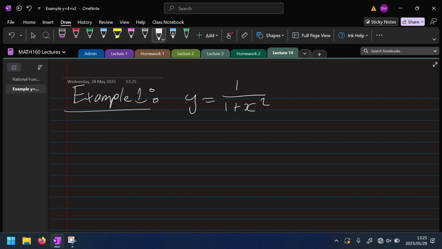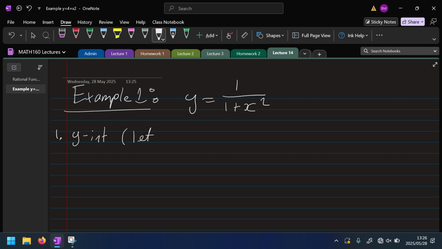Let's follow the steps on how to sketch it. Remember, the first few steps are exactly the same as for a polynomial. You look for x-intercepts, y-intercepts, turning points. The only thing extra you have to do is vertical asymptotes and horizontal asymptotes. The first few we've all seen before now. So number 1, let's look for the y-intercept.